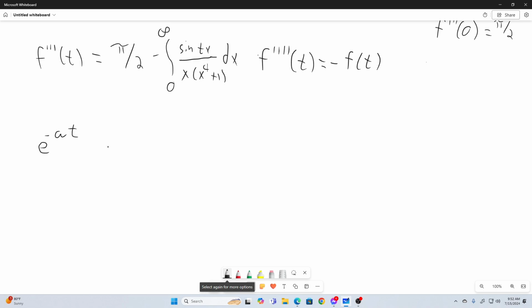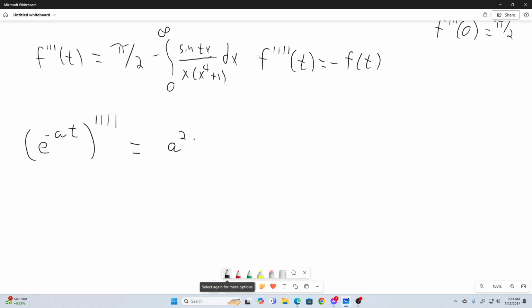Well, what's going to happen if you take 4 derivatives of e to the negative at? Well, you're going to recover negative a, 4 times. So if we took 1, 2, 3, 4 derivatives of it, our first derivative, we'd recover a negative a, and then our second derivative, we would recover another negative a, which would just be a squared.